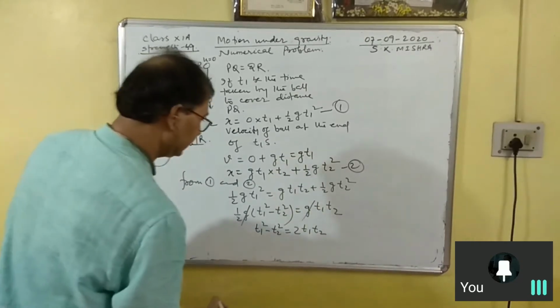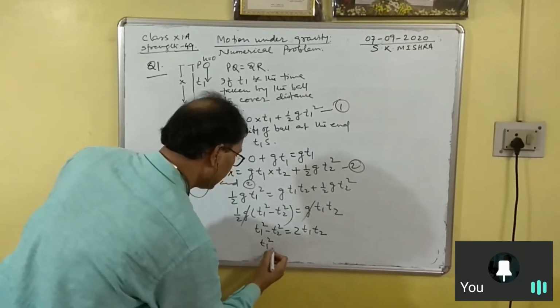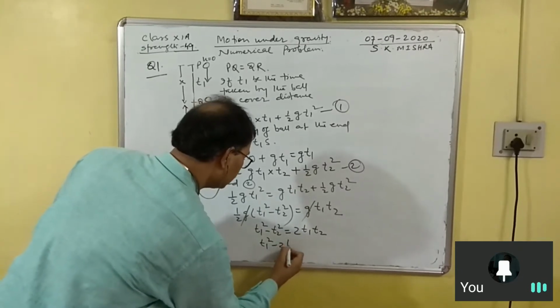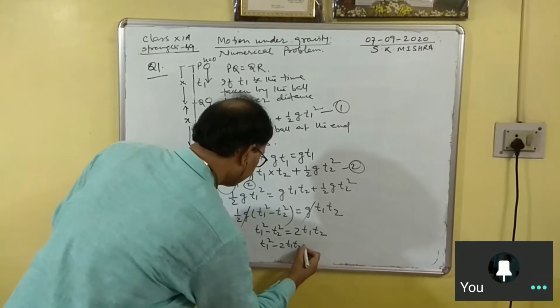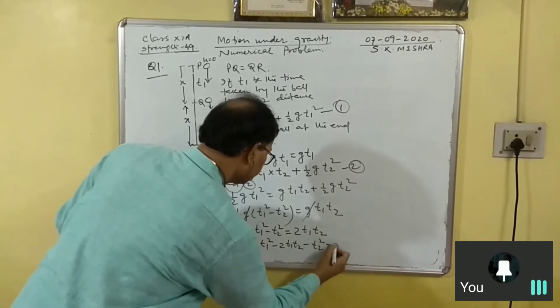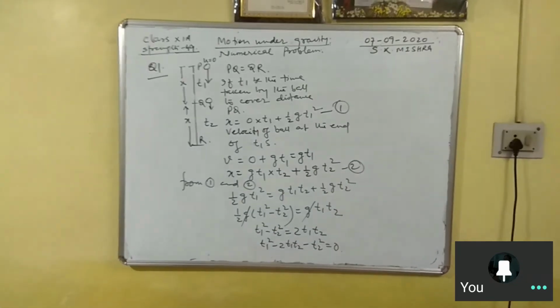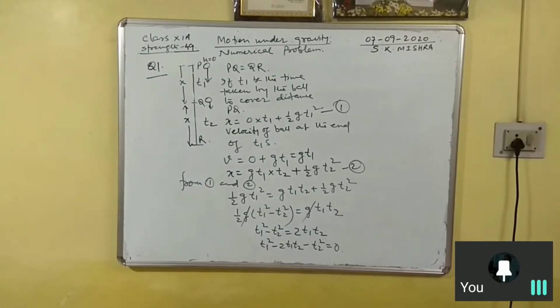So then T1 square minus 2 T1 T2 minus T2 square is equal to 0. Can you solve it?